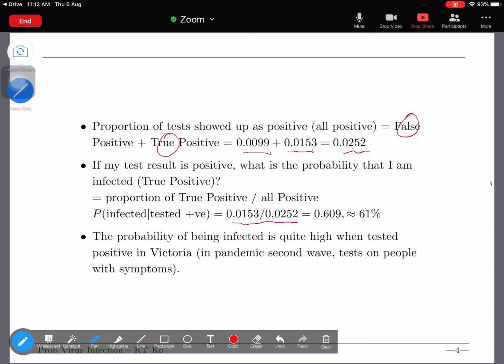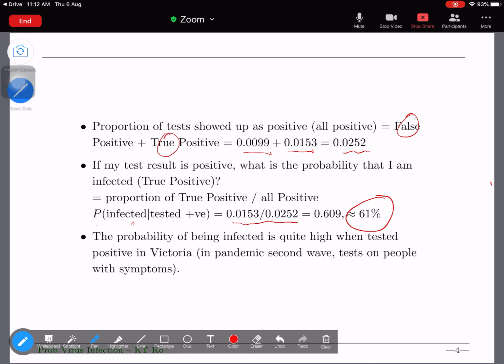So this is the probability of being actually infected when the test is positive. Given the test is positive, what is my probability of being actually infected? And it turned out to be about 61%. Now, should you be worried? In fact, you should, because it's quite high. It's higher than 50%.